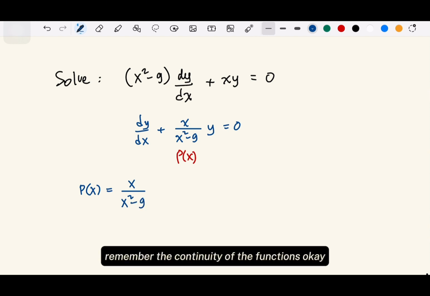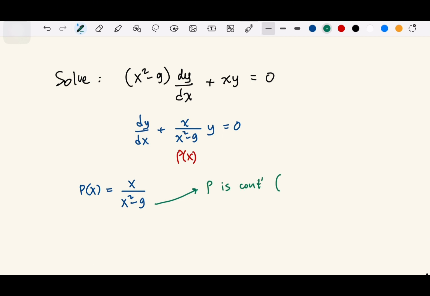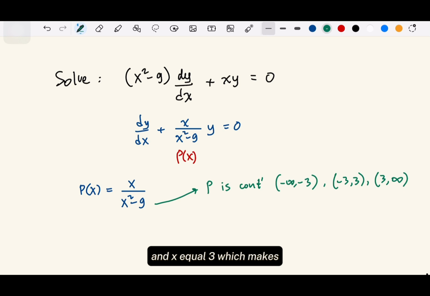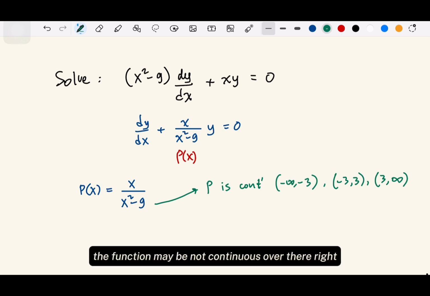Remember the continuity of the functions. Okay, so if we take this, which means that p is continuous, so we have something on this x equal negative 3 and x equal 3, which makes the function maybe not continuous over there, right?